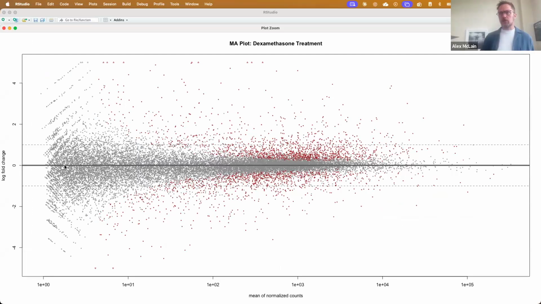So most genes are going to be around this midline point where the log2 fold change is around equal to 0, indicating that the treated and untreated have similar counts. For the low expression genes, so when the mean of the normalized counts is lower, notice there's wider spread in the log2 fold change. So this is an indication that when the mean is lower, the log2 fold change has more variability to it.